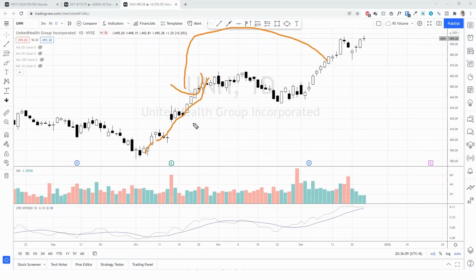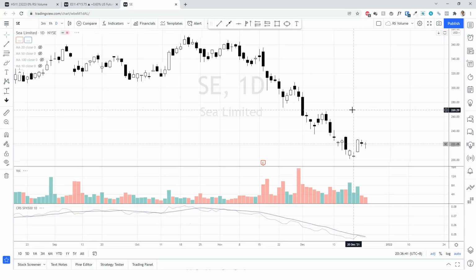A climatic uptrend, and this is also a bit climatic, and eventually it reaches this and has a change of character. But look at the shallow type of pullback. It's still a very shallow pullback, there is no effect, and a lot of people are not selling the stock, and you can see it in the volume as well. So generally, not much supply, and this is certainly one of the strongest stocks. So UNH is very bullish.